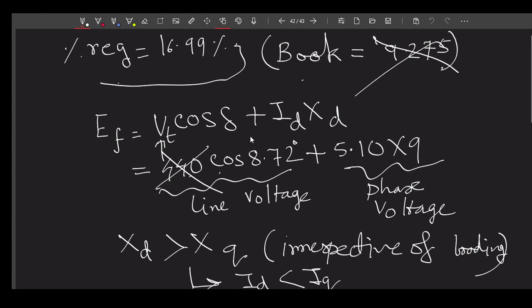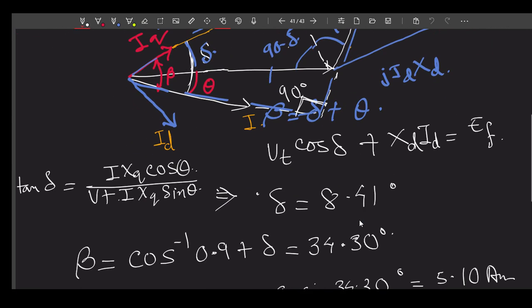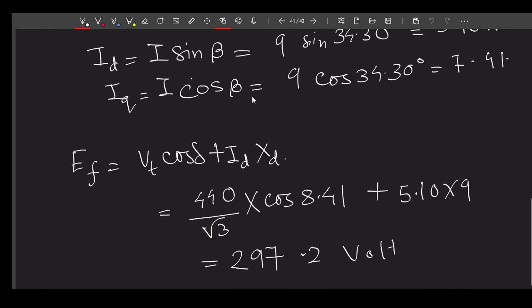Ef is equal to Vt cos delta plus Id xt, right? Now obviously here xt you do not know, sorry, Id you do not know.